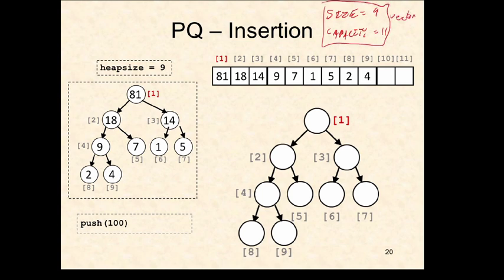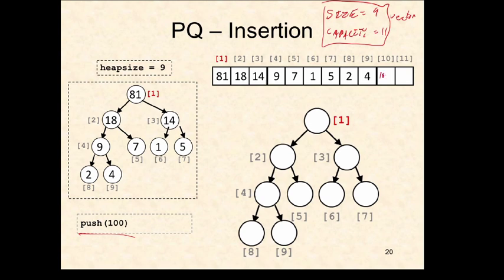So when someone tells me, hey, I want to push 100 into your binary heap priority queue, I've got to put that 100 in the vector. Where's the most convenient place to add something to a vector? At the end. So I do my internal data vector, I push back the value 100.